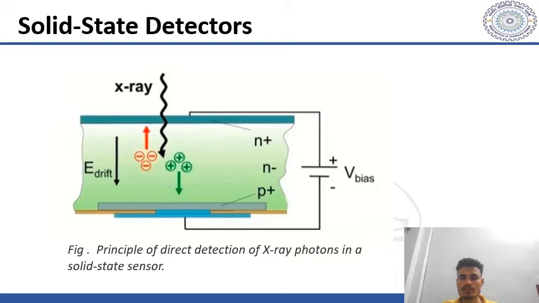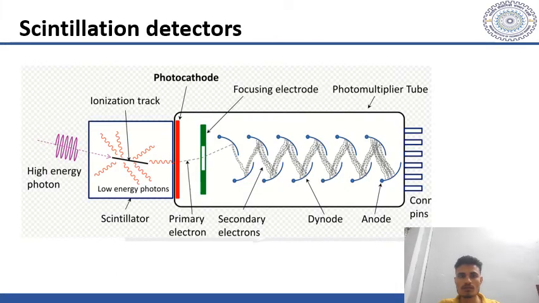When radiation is incident on the depletion region, the semiconducting junction produces electron hole pairs. These electron and hole pairs are swept away under the influence of the electric field, and proper electronics collect the charge in a pulse. The second detector is the scintillation detector.